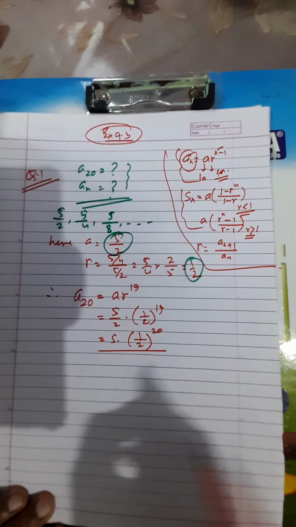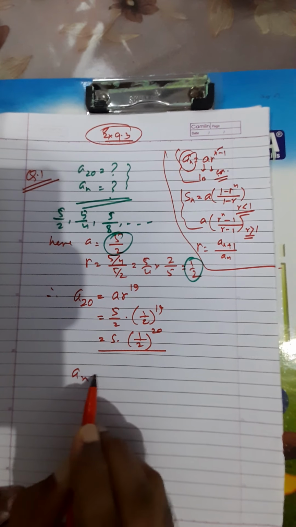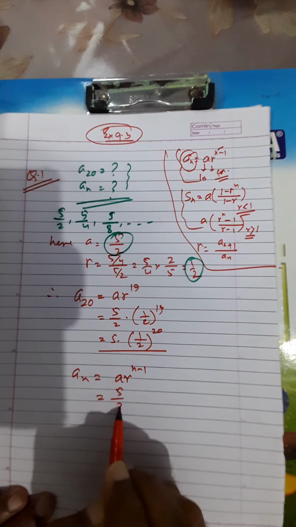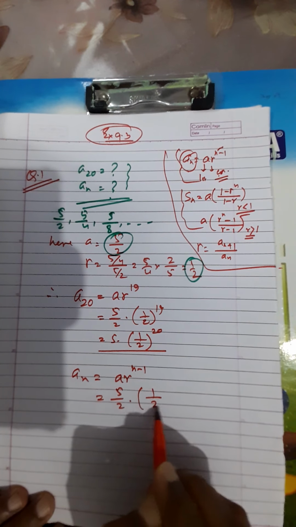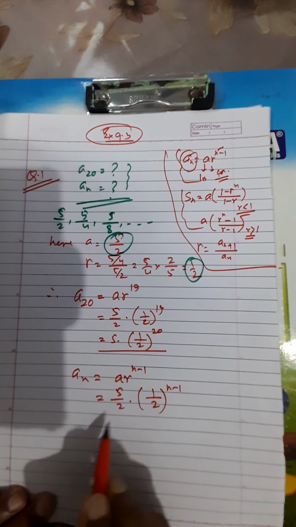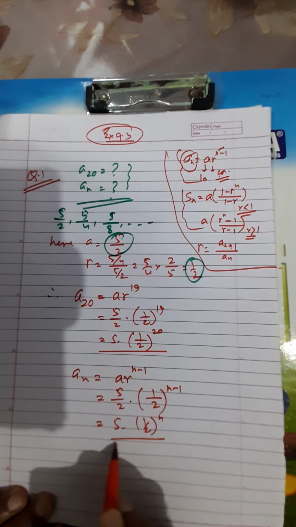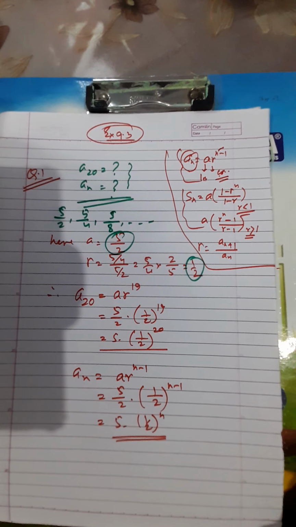This is the answer. Now An is equal to A r to the power n minus 1. A is 5 by 2, R is 1 by 2, to the power n minus 1. So we can write 5 into 1 by 2 whole to the power n. This is the answer.